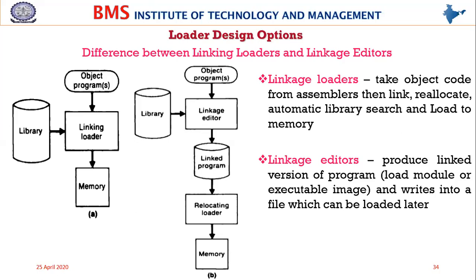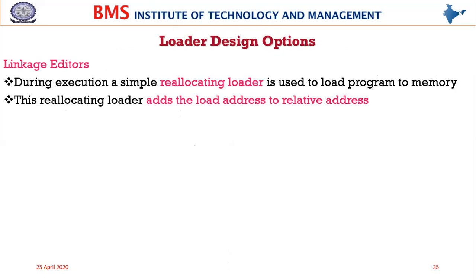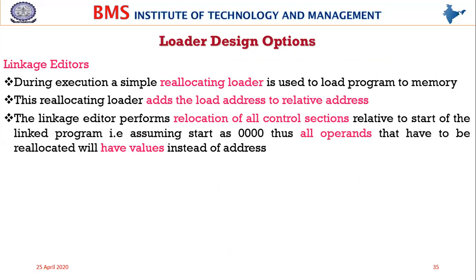Next we shall see about dynamic linking. During execution, a simple reallocating loader is used, which adds the load address to the relative address, and the linkage editor performs the reallocation of all the control instructions related to the start of the program and all the operands. Let us think that we have three control sections.